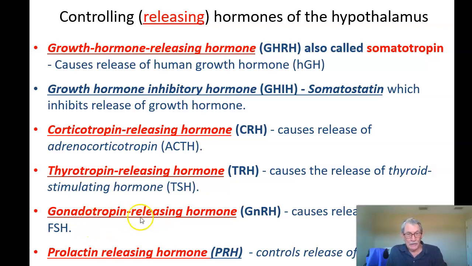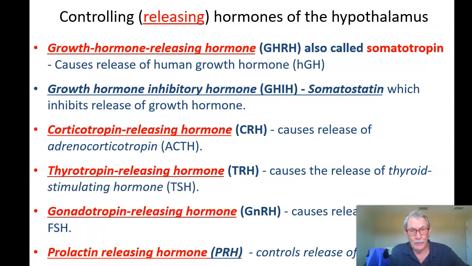But you got to release these tropic hormones from the pituitary, and to do that, you send gonadotropin releasing hormone down the stalk. It causes you to release your two gonadotropins, luteinizing hormone and follicle-stimulating hormone. We'll talk about them briefly in this lecture. We'll see them more dramatically in reproduction.